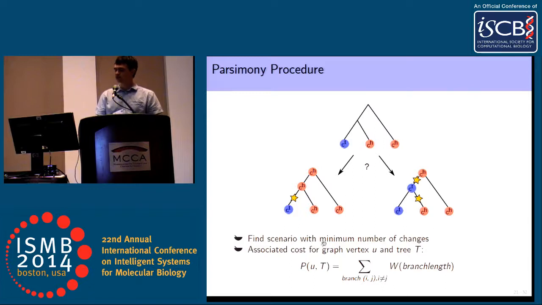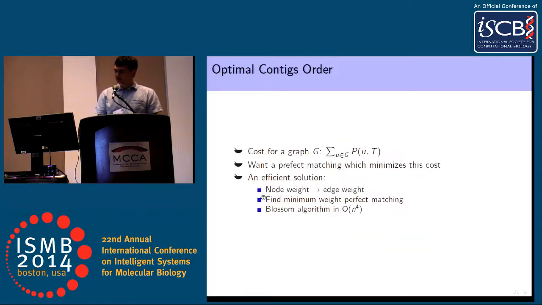So now we can calculate the state cost for a node. Then we can cost the whole graph. It will be just the sum over all the nodes. And we want a perfect matching that minimizes this cost.